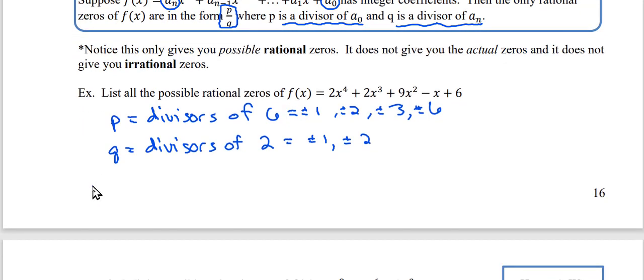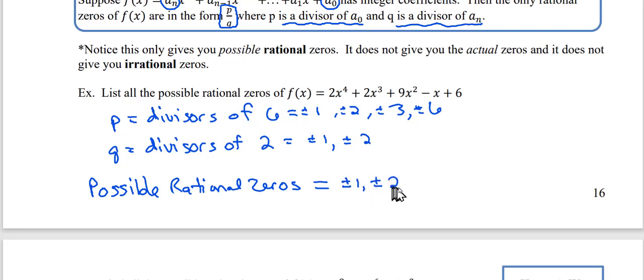That means my possible rational zeros must be of the form P over Q. So I'm going to take each of these and put them over 1. Anything over 1 is just itself, right? So I get each of those divisors of 6 over 1.